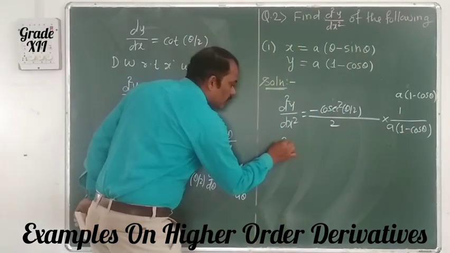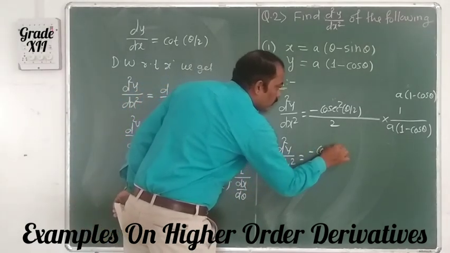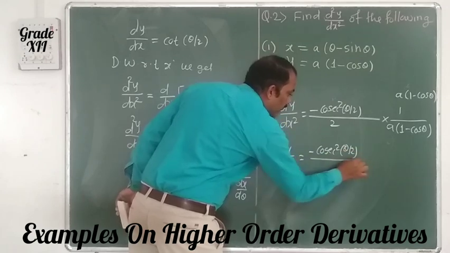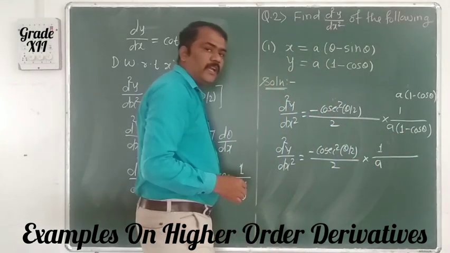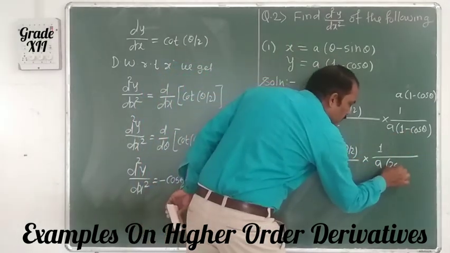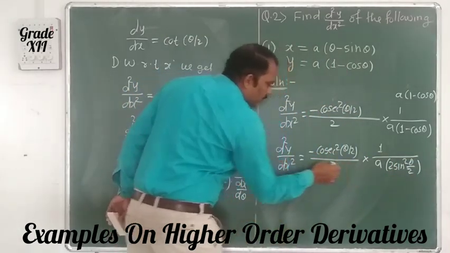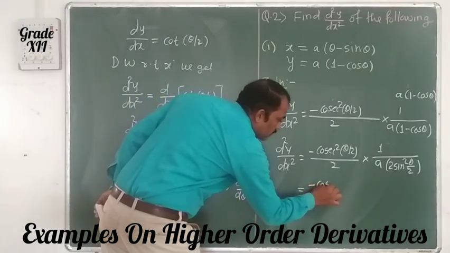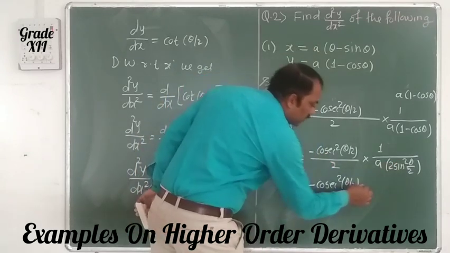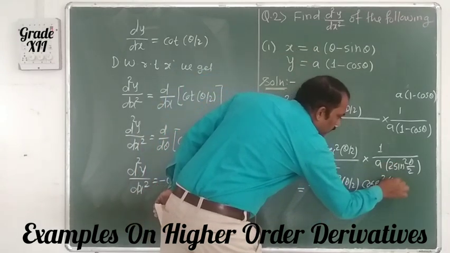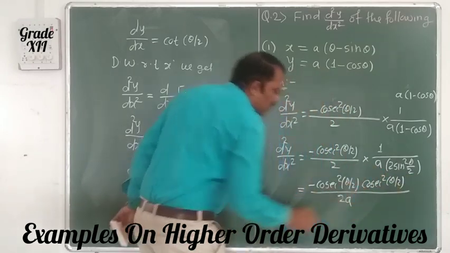So we get d2y by dx square is equal to minus cosec square theta by 2 divided by 2 into 1 upon a into, what is the value of 1 minus cos theta? We know that it is 2 times sin square theta by 2. So this 2 becomes 4, so minus cosec square theta by 2 into this 1 upon sin square, which is nothing but cosec square theta by 2, divided by, in the denominator, 2 into a, that is twice a.